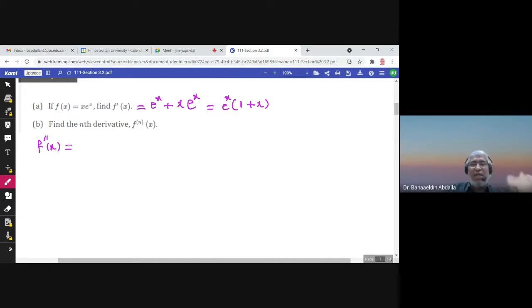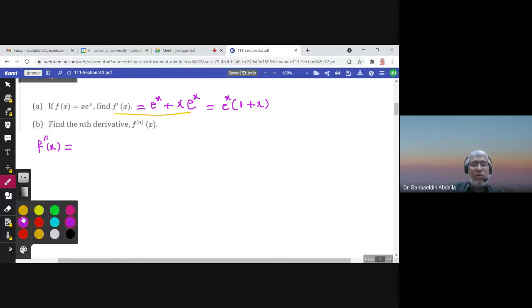This is the first derivative, so let me use it. Let us find the derivative of the first derivative, so we get the second derivative. The derivative of e to the x is e to the x.